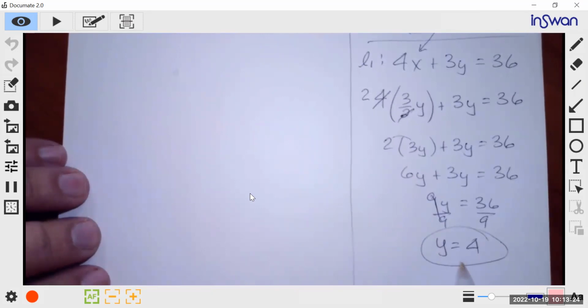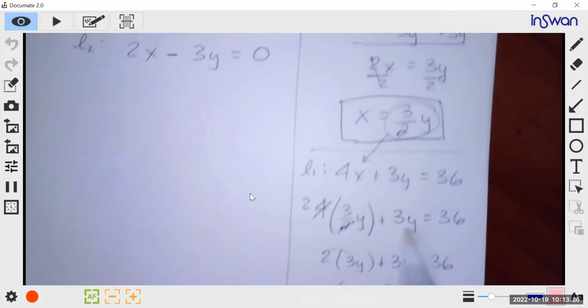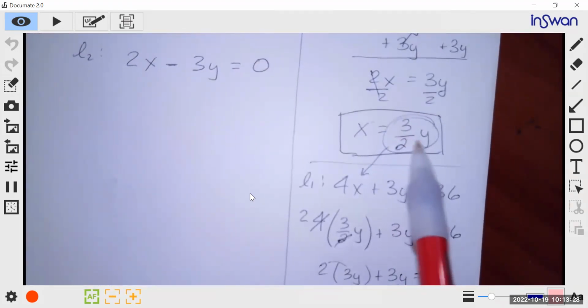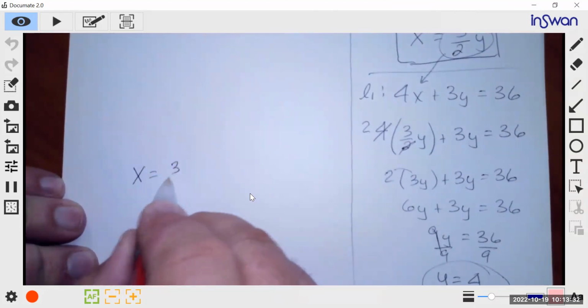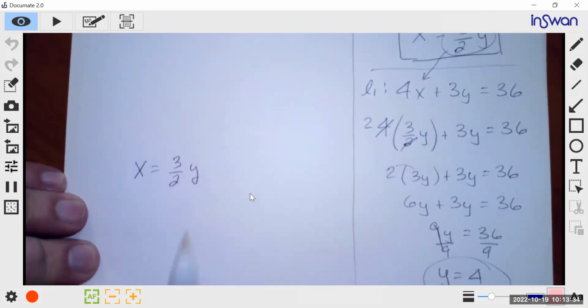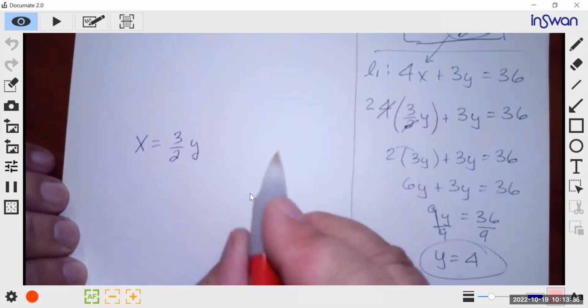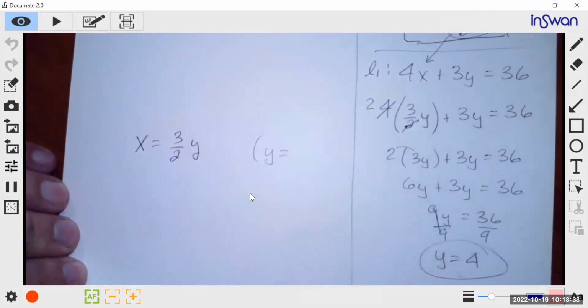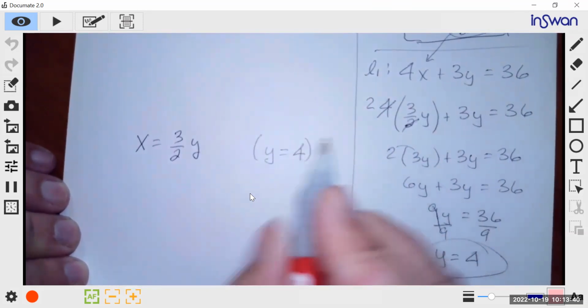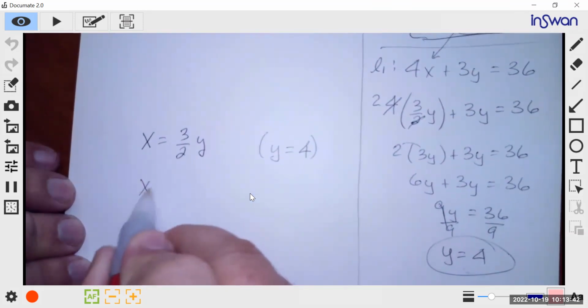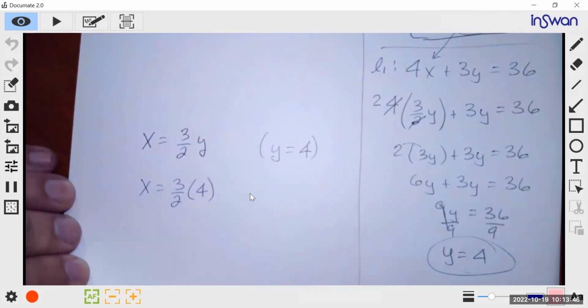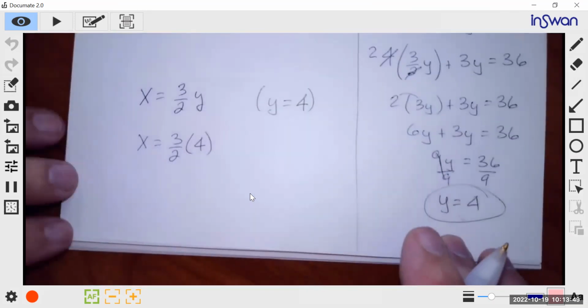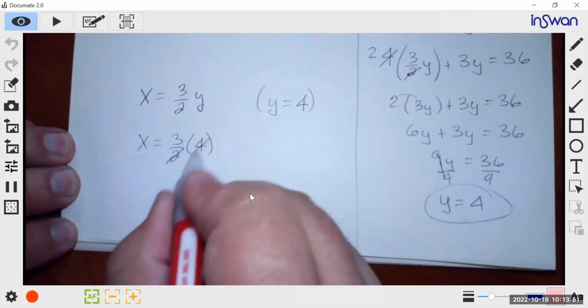So now we take this 4 we just solved for, plug it back in our first equation we solved for the x. We know x equals 3 over 2y. And we know that y equals 4. 3 over 2 times 4. 2 cancels with the 4.